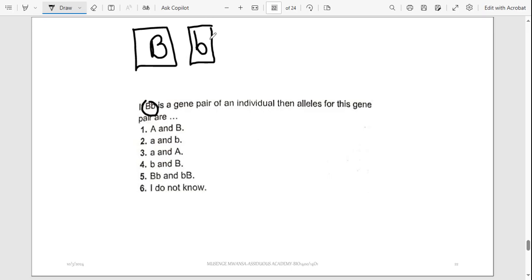So we differentiate the alleles by using capital and small letters. Capital just tells you which one is dominant. So if capital B is for black color, then I'll be black. So the alleles for this gene pair are small b and capital B.